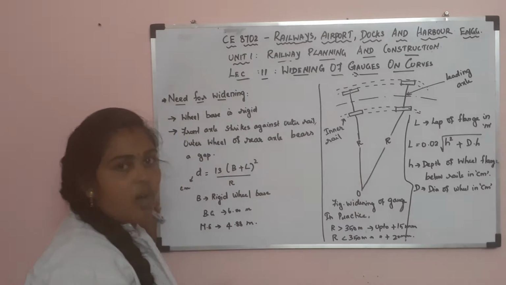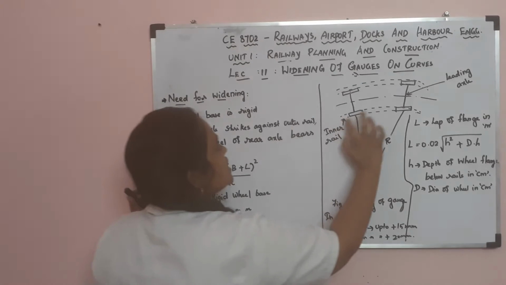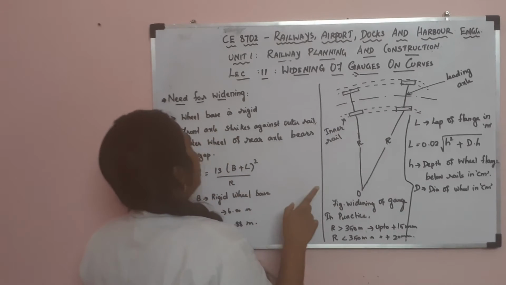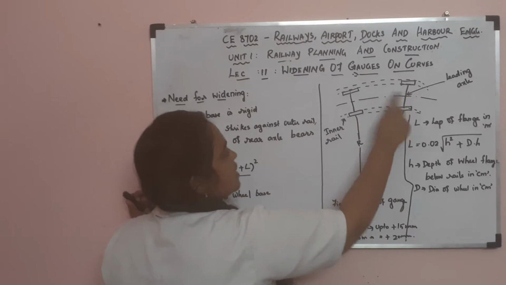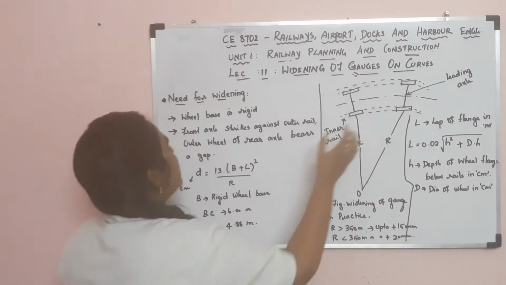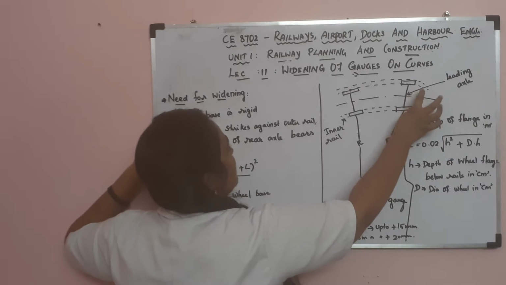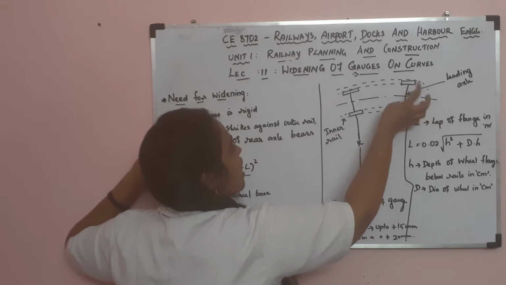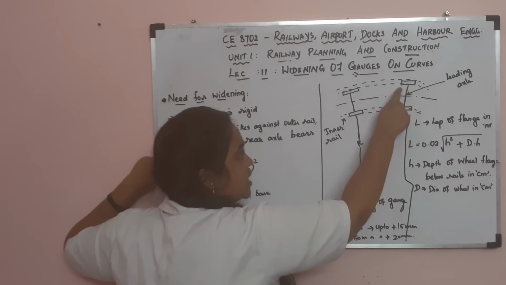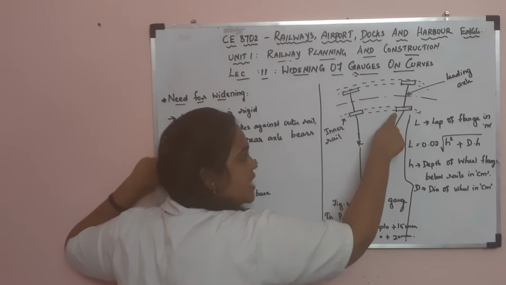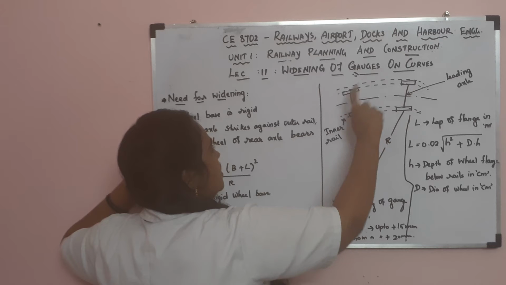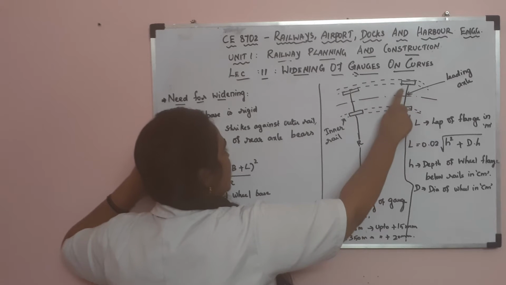When the vehicle or the train moves against or strikes against this outer rail, what happens is when it strikes against this curve, the outer wheel of the front axle, this is the outer wheel and this is the inner wheel, the outer wheel of the front axle moves against this outer rail.